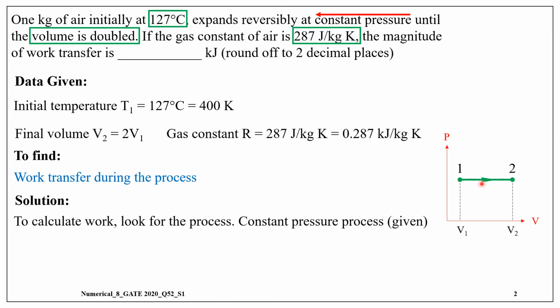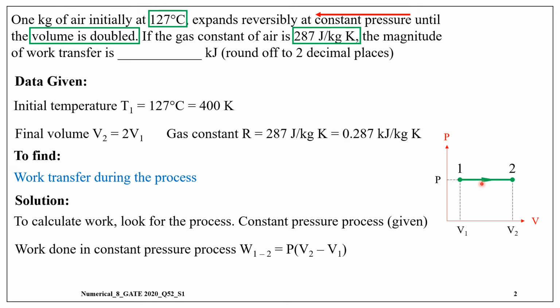For a constant pressure process, the work done W12 is equal to a product of pressure and the change in volume. So the change in volume is V2 minus V1. Pressure is P.